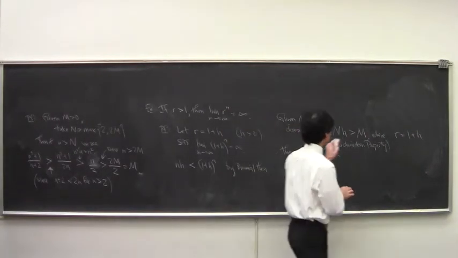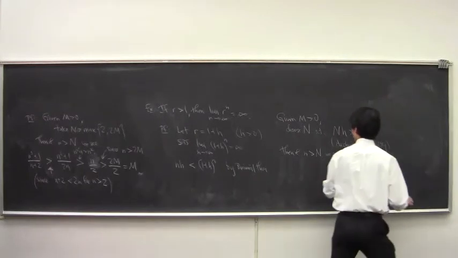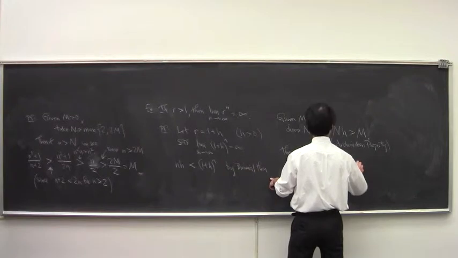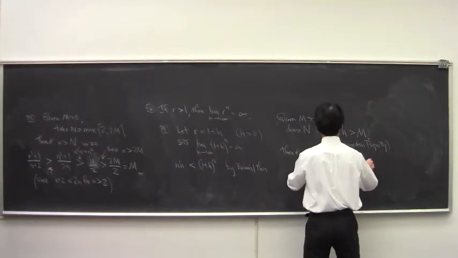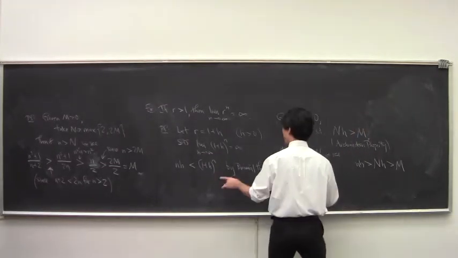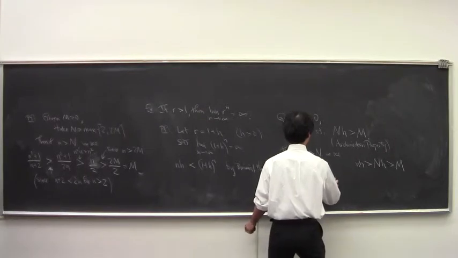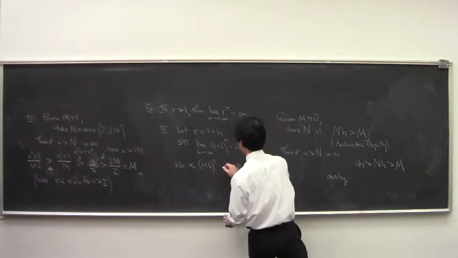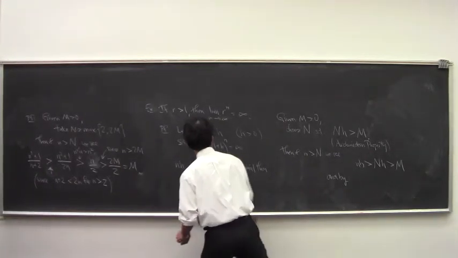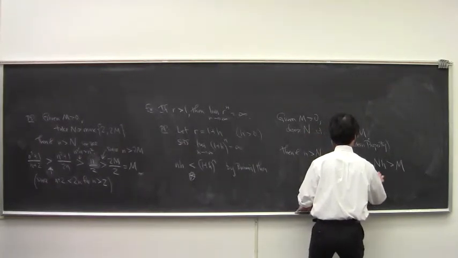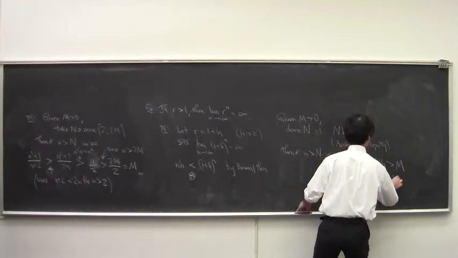Then we see that nh is bigger than m, and we saw earlier, by star, 1 plus h to the n is bigger than nh, and so on.